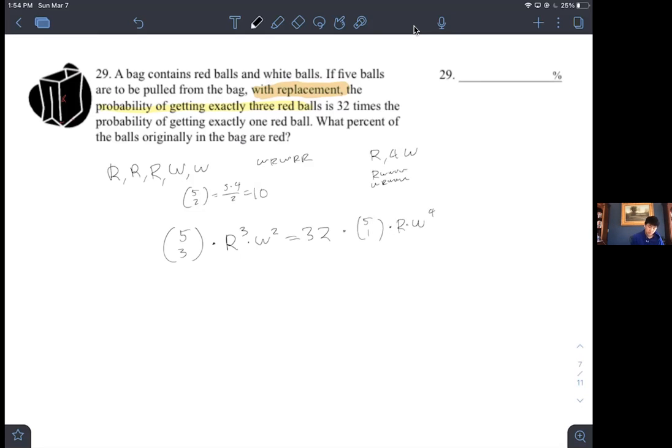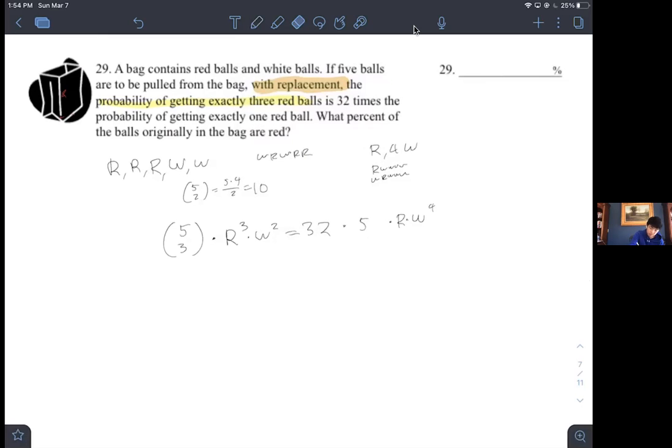And then now you're just solving the equation. So this thing on the left is 5. This thing over here is 10. And then you cancel 10 from both sides. And so R squared equals 16W squared.